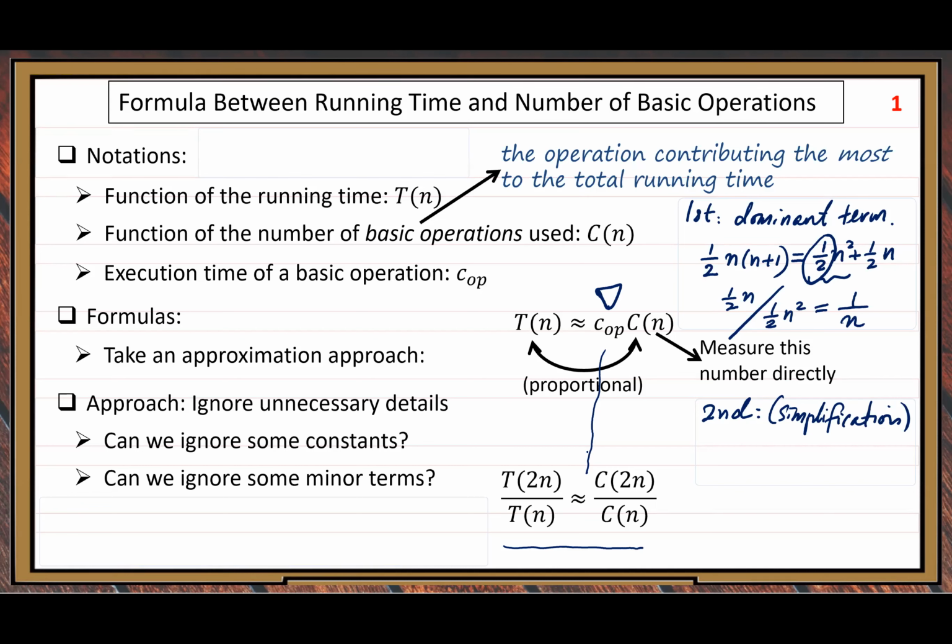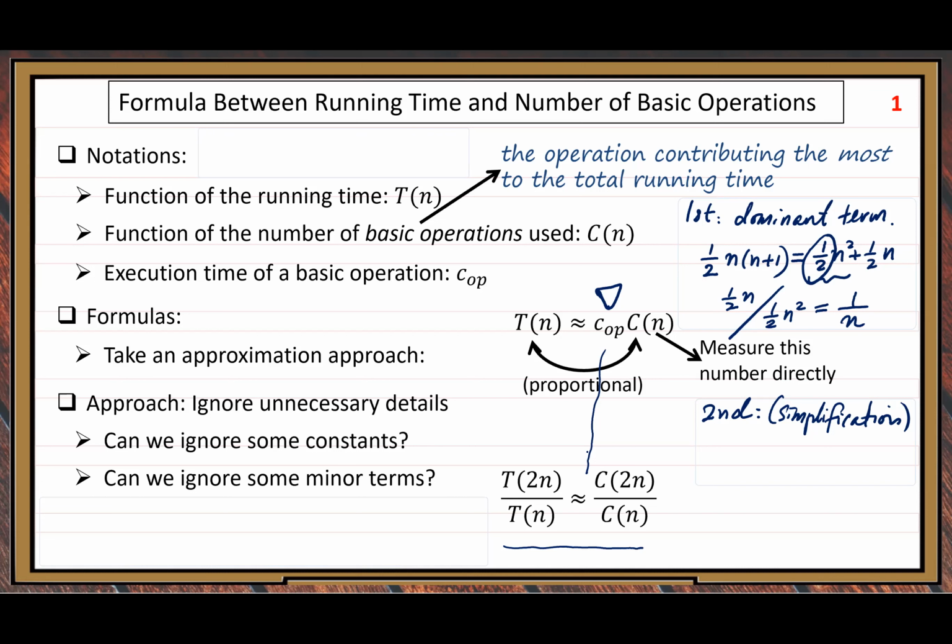That means the value of this little c constant is not important in this ratio. If you just compare this ratio, that little constant is not important. But this ratio can tell us how fast a function grows.